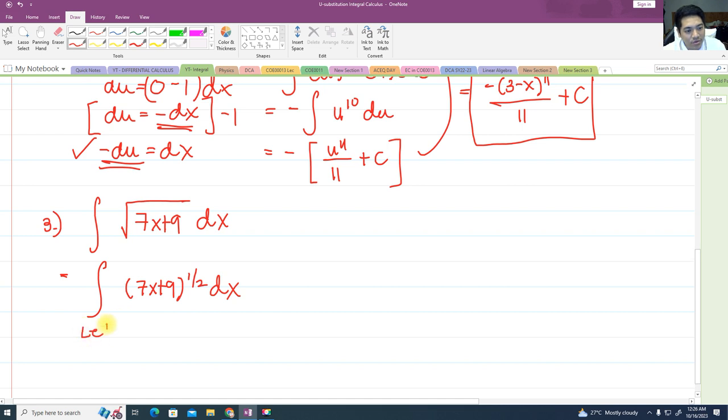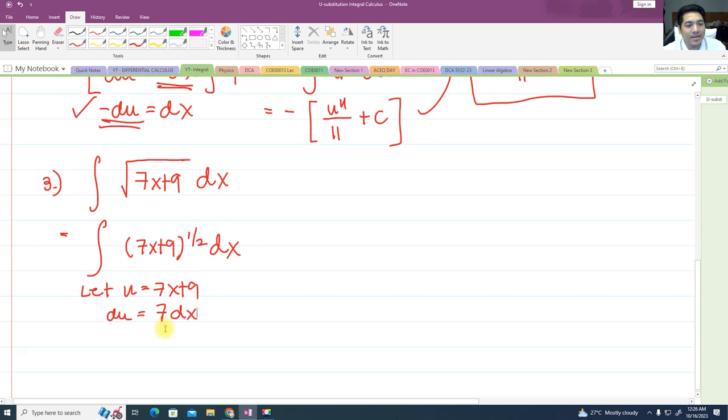If we let u equal 7x plus 9, we know that the derivative with respect to x would be 7 dx. We need to substitute u here, and we need to substitute dx with du also. So I'm going to divide both sides by 7, so this becomes du all over 7 equals dx.